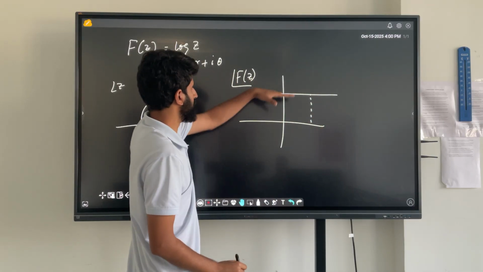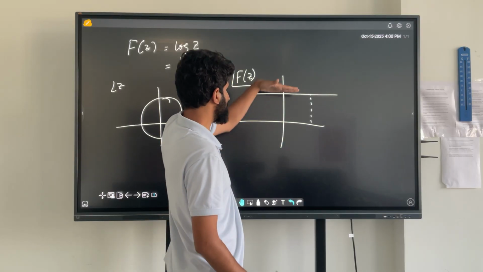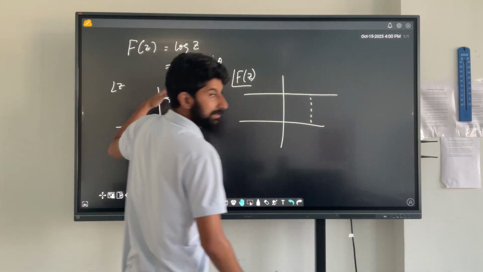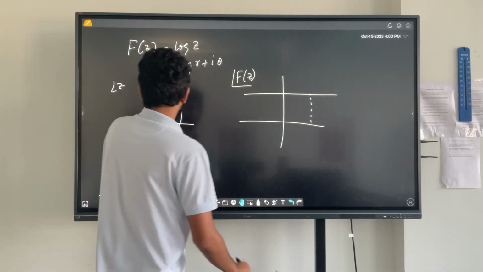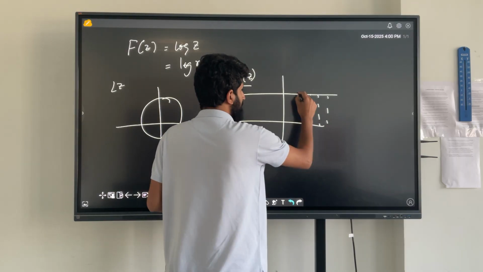This is because I am taking the argument from 0 to 2 pi, so I will only be able to cover the region where the imaginary part is up to 2 pi, because this imaginary part is exactly this theta. And circles with modulus bigger than 1 get mapped here as vertical lines.